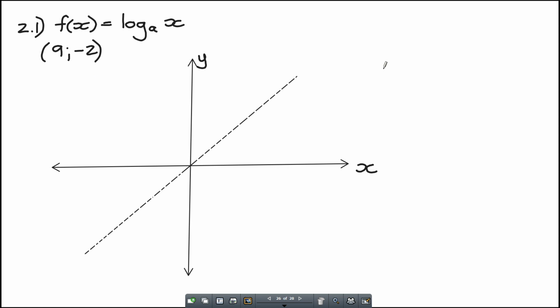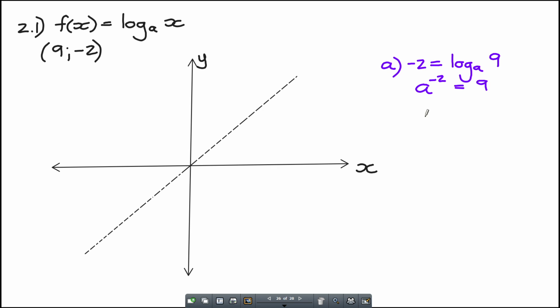Okay, so what I'm going to do is I'm first going to go and substitute in. Right, so instead of y, I'm going to say -2 is equal to log a, and then instead of x, I'm going to say 9. Nee, nou kom ons gaan skryf net gou dit in exponentiële vorm. In exponential form, it would be a to the power of -2 is equal to 9.